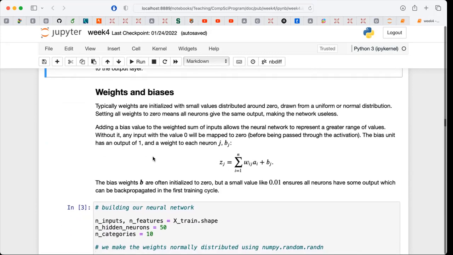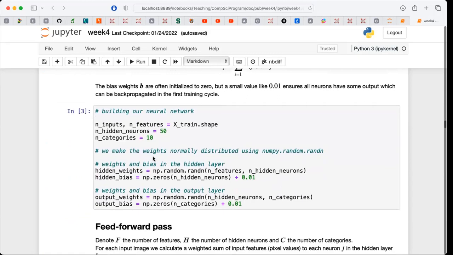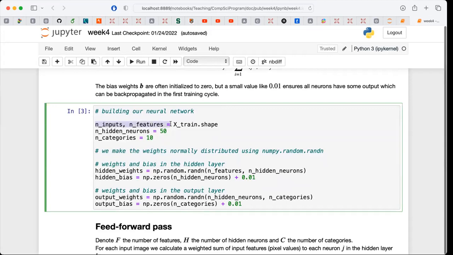So then we need to have the weights and the biases and everything. The typical initialization now is to define the number of inputs and number of features, which is given by the shape of your matrix. I specify the number of hidden neurons and the number of categories, which then defines the number of output nodes, since I have 10 categories here.